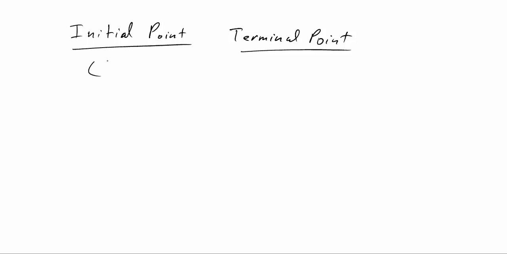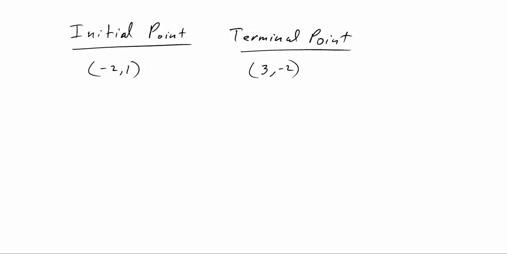So if we have the initial point, let's say of -2, 1, and the terminal point is 3, -2, and we want to write this into a linear combination in standard form, and what that means is we want to move this vector so that it starts at the origin, we're going to go through the same process that we did before.